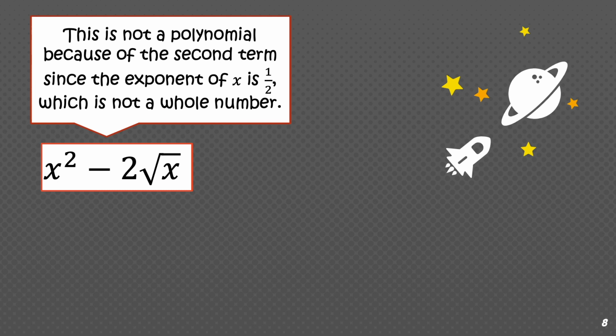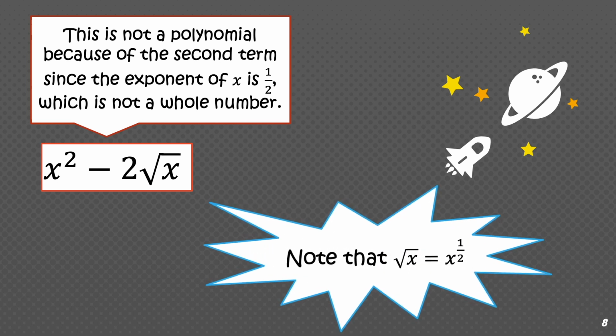This is not a polynomial because of the second term, since the exponent of x is 1/2, which is not a whole number. Take note that square root of x is equal to x raised to 1/2. In any polynomial, the variable should not be in a radical symbol.